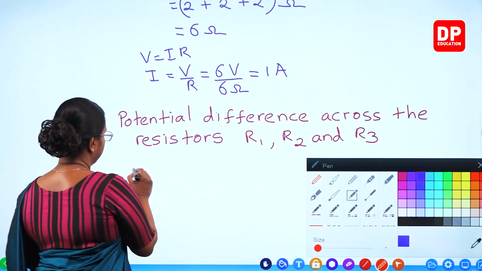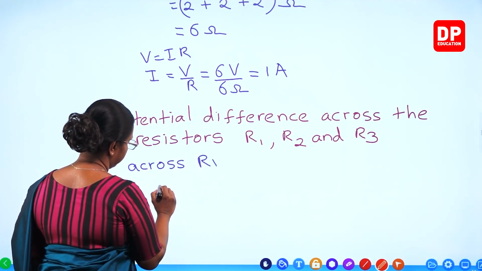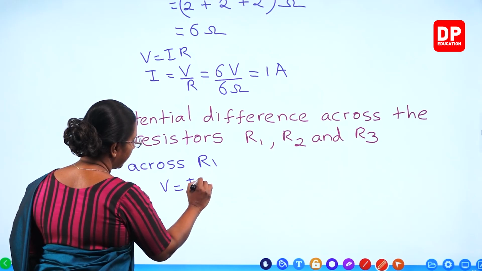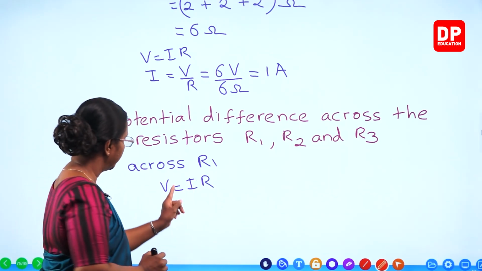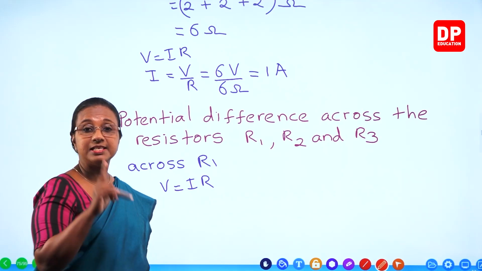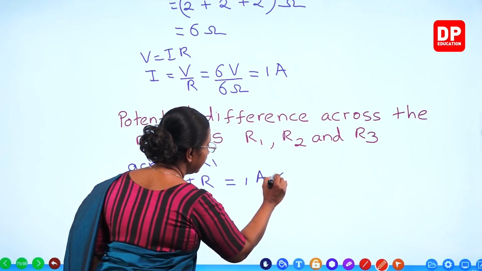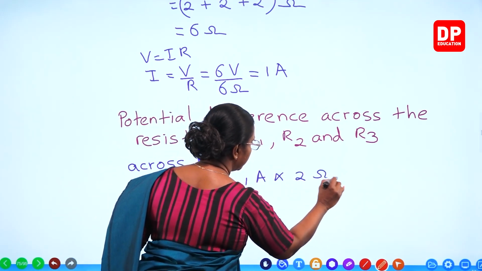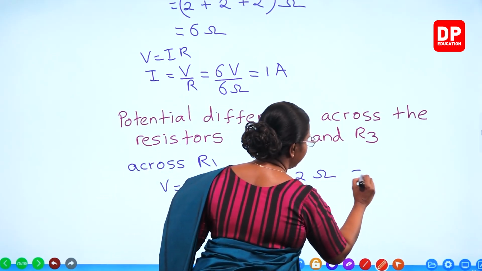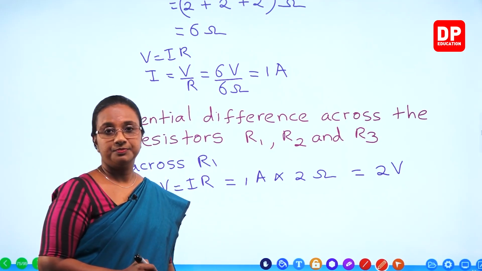So then across R1, V equals IR. What is the value? We calculated I as 1 ampere. 1 ampere into the resistance 2 ohms. So that will be equal to 2 volts.